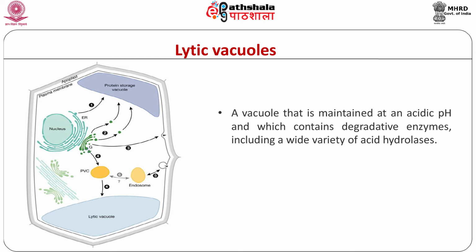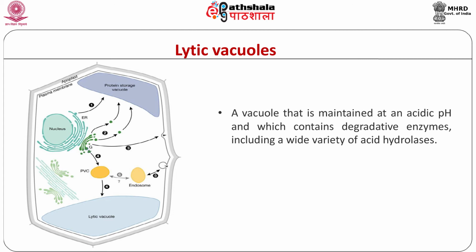The product destined for the lytic vacuole is sorted at the trans Golgi and routed in a clathrin and receptor dependent fashion through a pre-vacuolar compartment, that is PVC, shown by route 4.